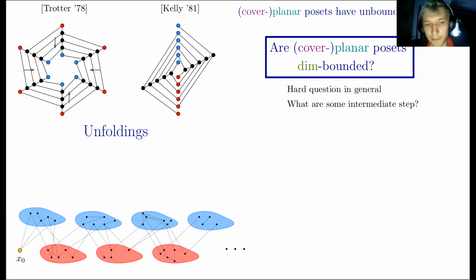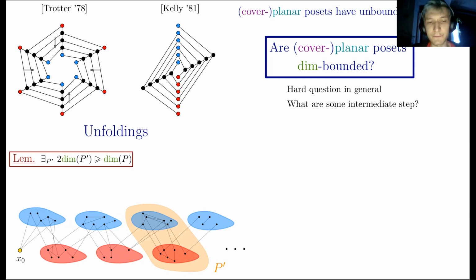What do I mean by behaving nicely with the dimension? It means that one of these neighboring pairs of bubbles carries large dimension. By carries, I mean that at least half of the dimension is realized in this subposet, which is these two bubbles.